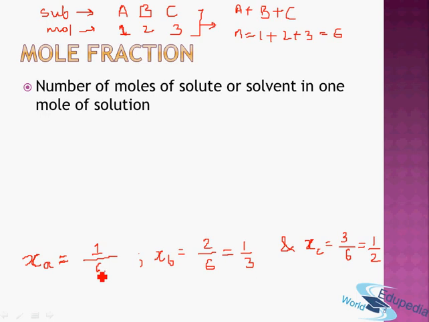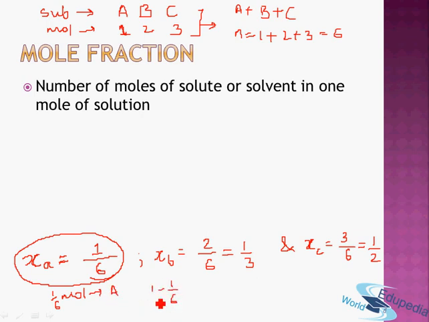So out of 6 moles, only 1 mole is of A. So if instead of 6 moles of solution, I only had 1 mole of solution, then in that case 1 by 6 represents moles of A present in that solution. That is, if I had 1 mole of solution, then out of 1 mole, 1 by 6 mole will belong to A. And the rest, what is the rest? 1 minus 1 by 6.